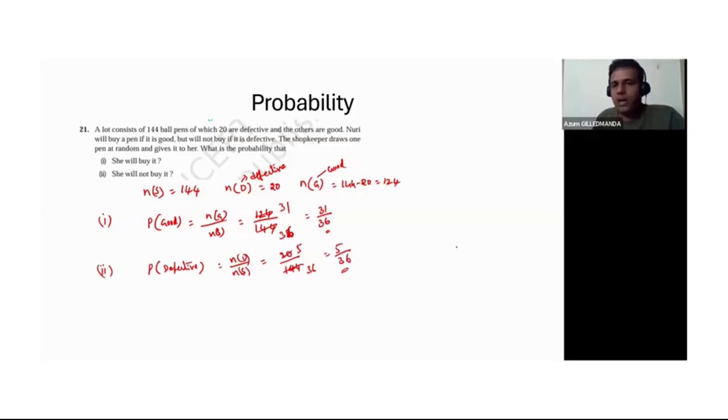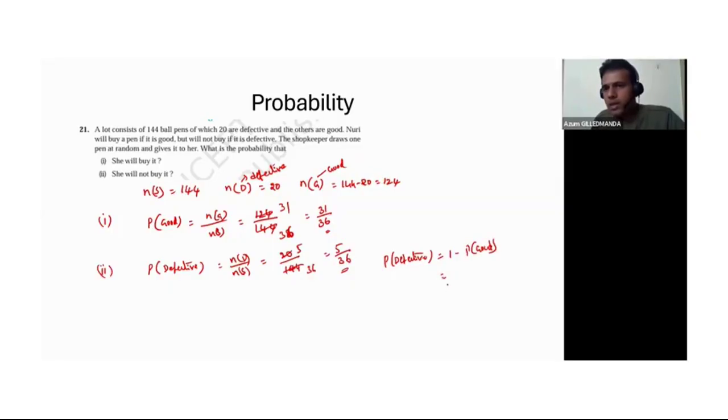The other way is we already know the probability of not buying, right? Probability of not buying is nothing but probability of defective. So the probability of defective, we can also get using probability of not good.